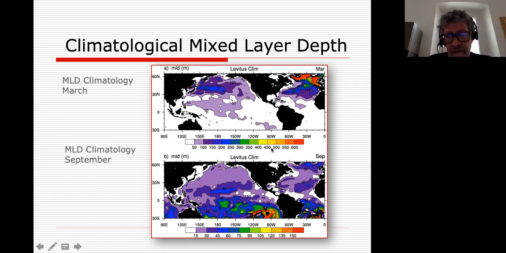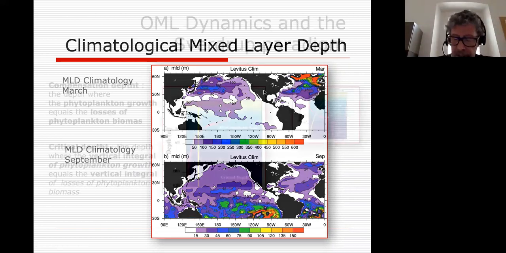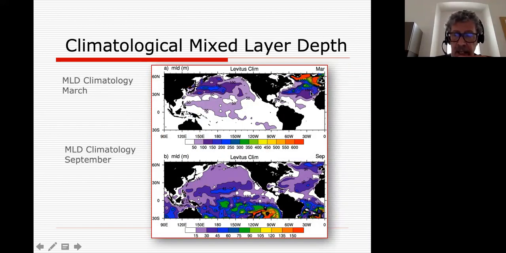there are two different scales, unfortunately. Let's give a look at the Boreal Winter, and you see that the mixed layer can reach very deep values in the northeastern North Atlantic, and can also be relatively deep in some parts of the mid-latitudes in the North Pacific and North Atlantic.